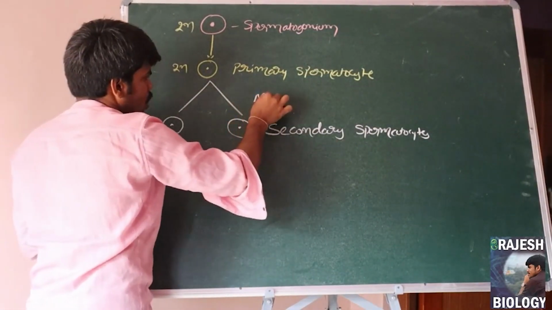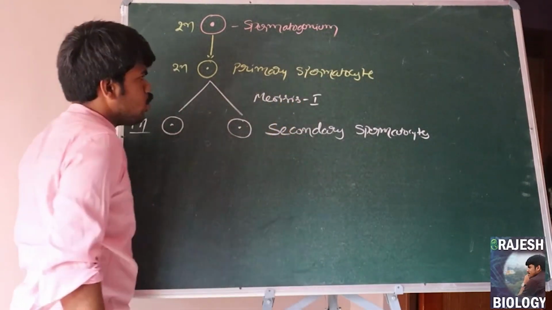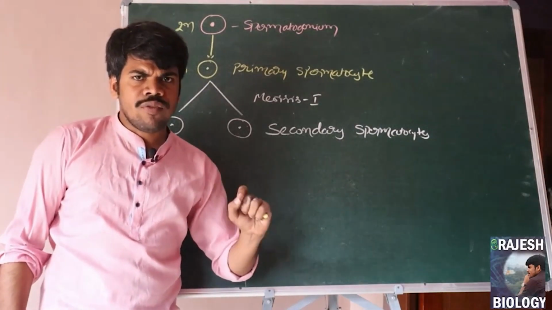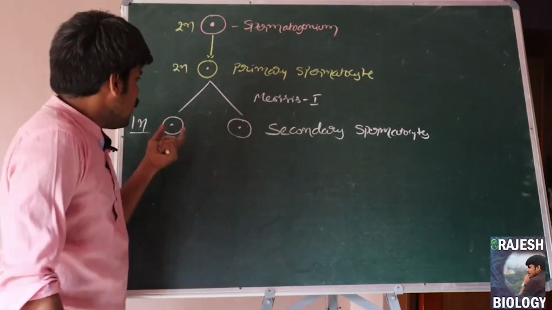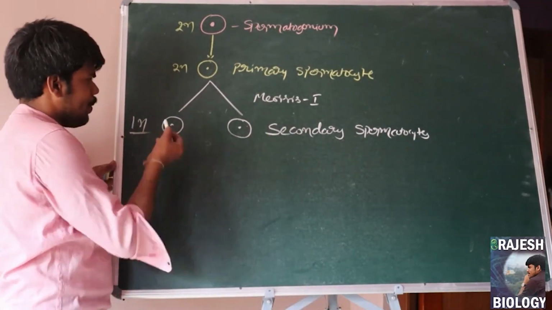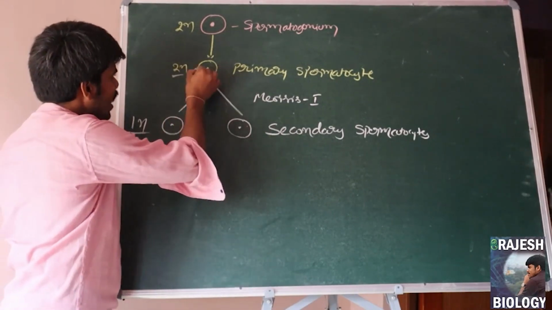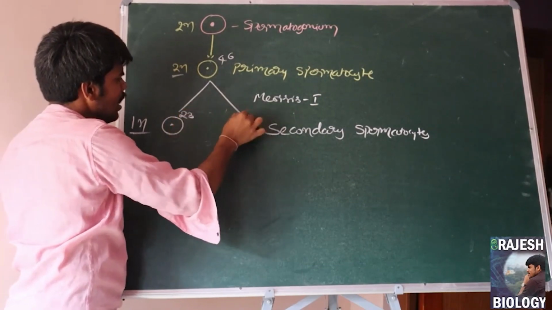This is meiosis 1. Primary spermatocytes undergo the first meiotic division and form two equal haploid secondary spermatocytes. Haploid means single n, diploid means 2n. So if it has 46 chromosomes, it now has 23.